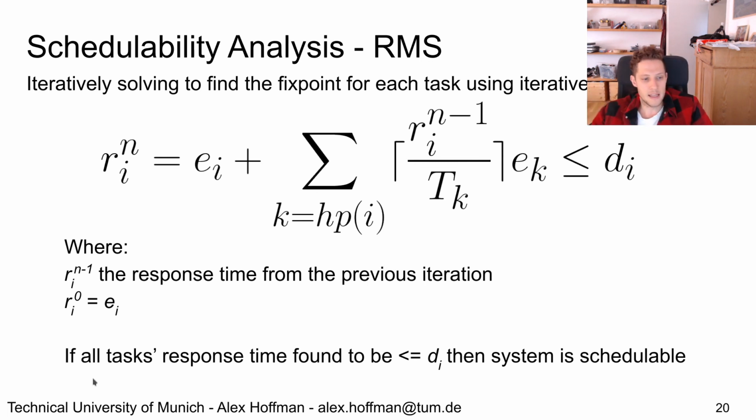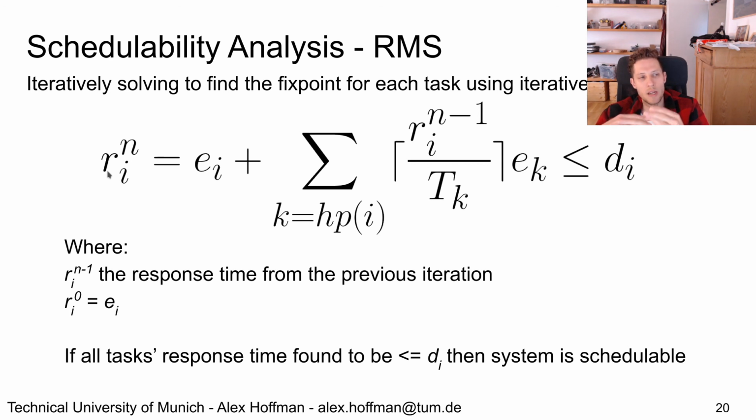The one thing to note is that during the first iteration, Rn minus 1 is 0. Therefore, this entire sum equates to 0, so the first iteration is just the execution time of the current task. We'll do an example of this and see how it is performed, but hopefully it makes sense why we're doing this.